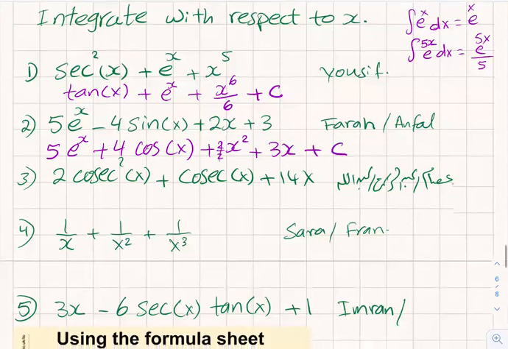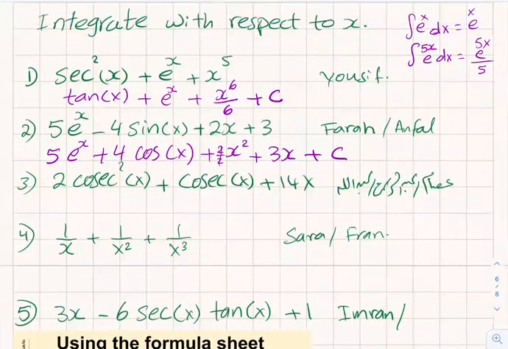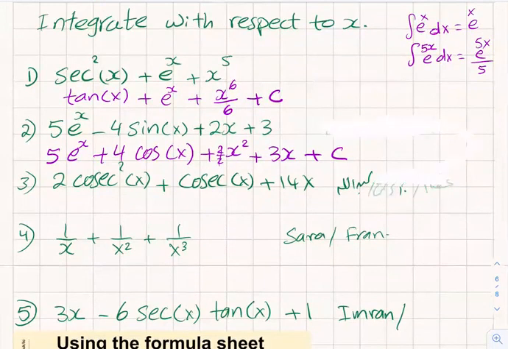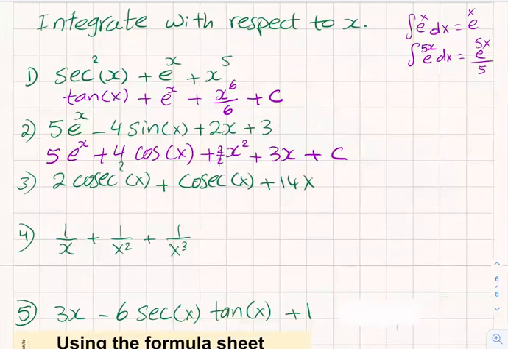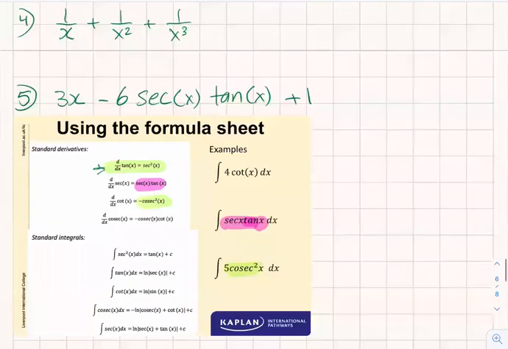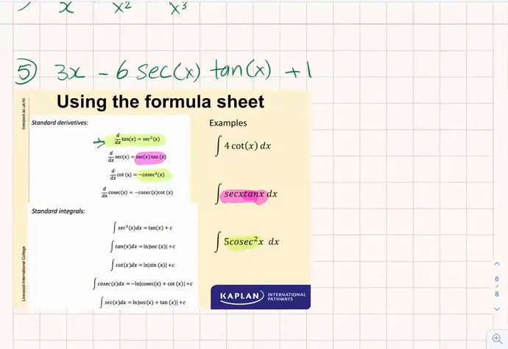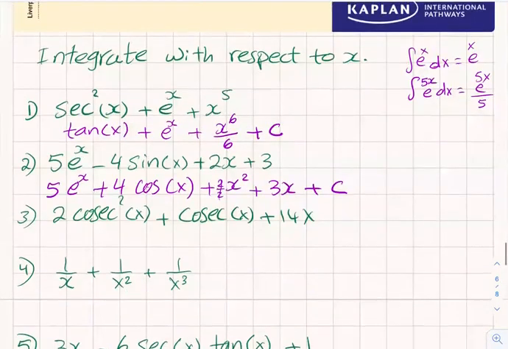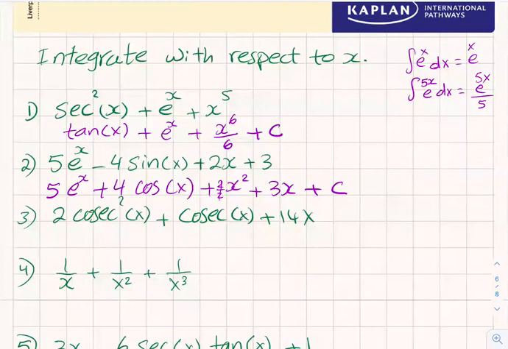The third one is cosecant squared x. If we look here, we have d over dx cot equals minus cosecant squared. So in this case, it's going to be minus 2 cot x.